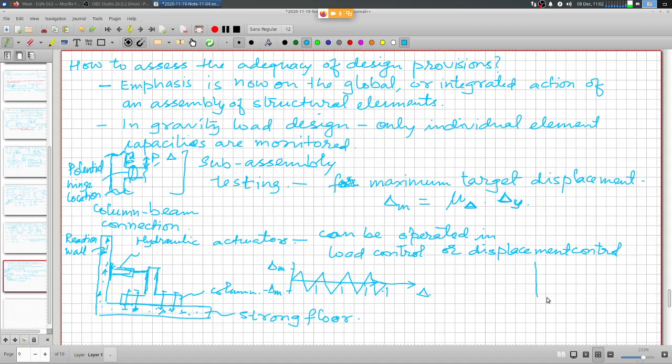So I can also plot the load deformation happening. So the complete hysteresis is available because it's cyclic. Similar kind of thing, so this kind of hysteresis is generated.